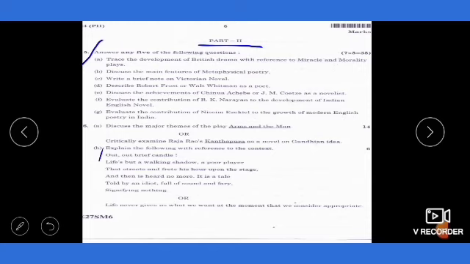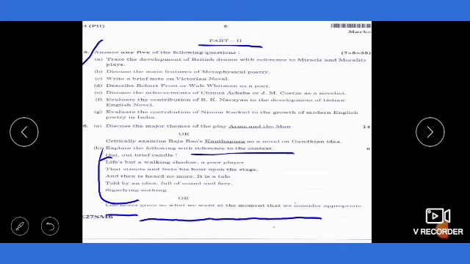Okay, these lines are given. You have to explain it with reference. It is of 6 marks. Or you can attempt the next question: Life never gives us what we want at the moment that we consider appropriate. This explanation you have to give. Okay.